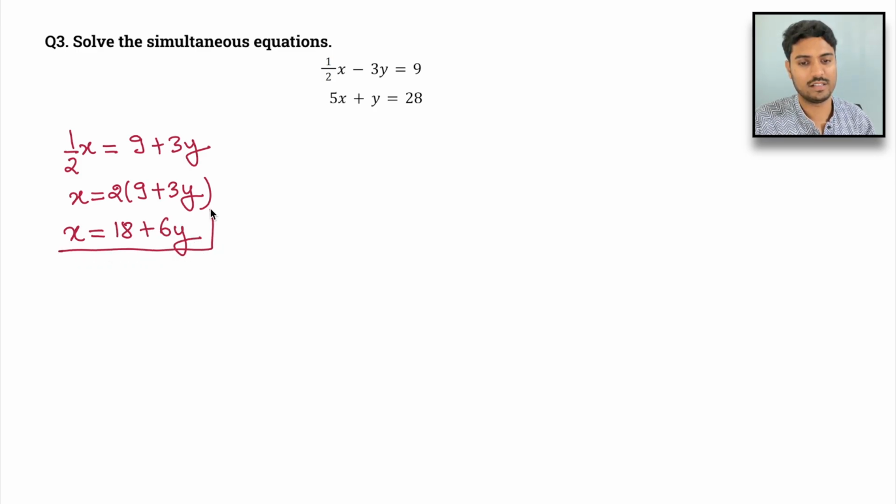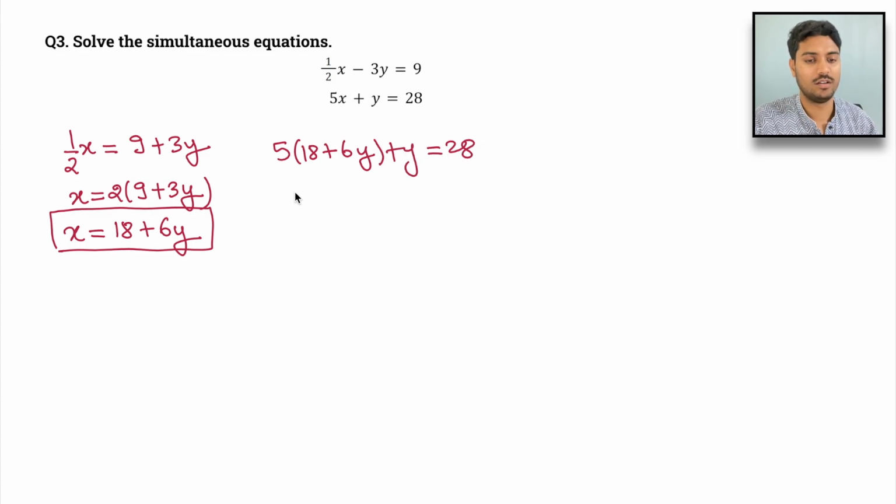Now this value of x I'll substitute in the second equation. So I have 5 times x, that is 18 plus 6y, plus y, which equals 28. So 18 into 5, which is 90, plus 6 5s are 30y, plus y, equals 28.